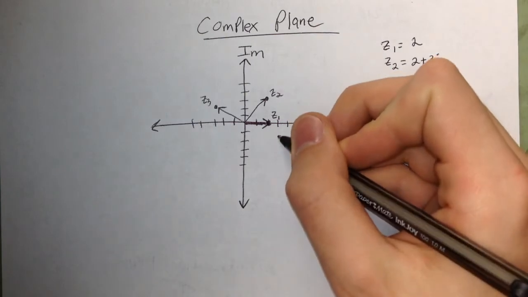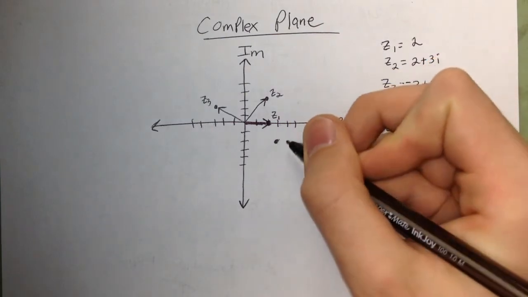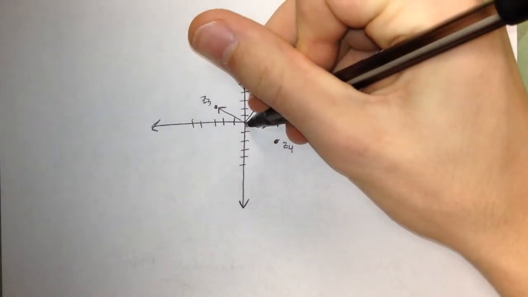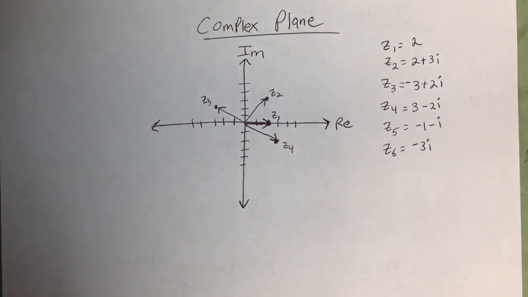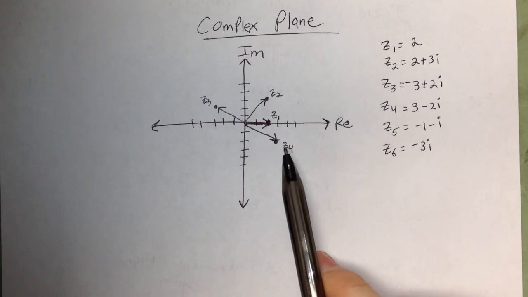And so what you should be noticing here is that you can tell which quadrant the complex number will lie in based on the sign of its real part and its imaginary part.